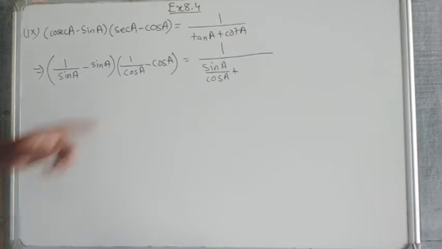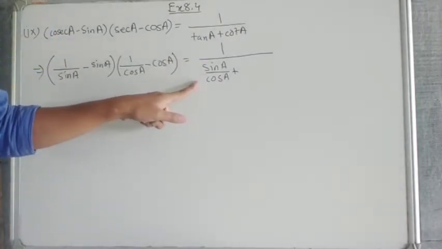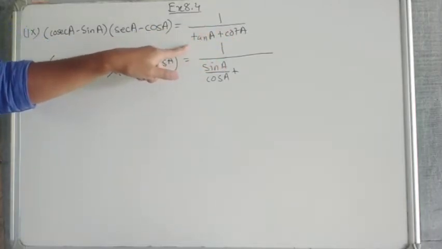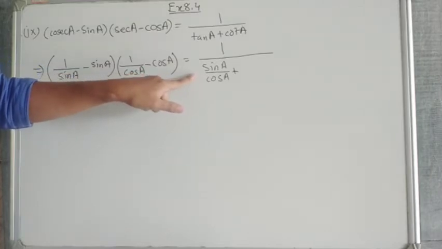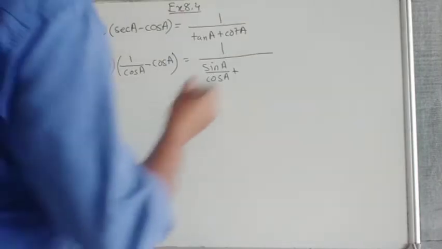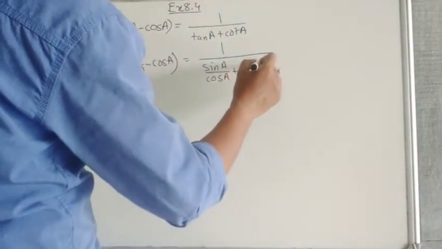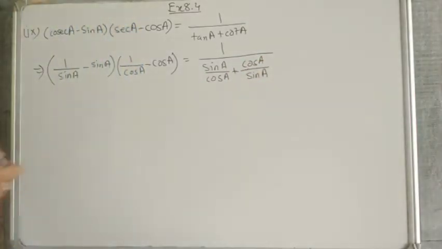Did you understand now? Tan is sin by cos, that is your formula, but cot is the opposite of tan. This is all very complicated. So cot will become the opposite of this, that means cos A by sin A.